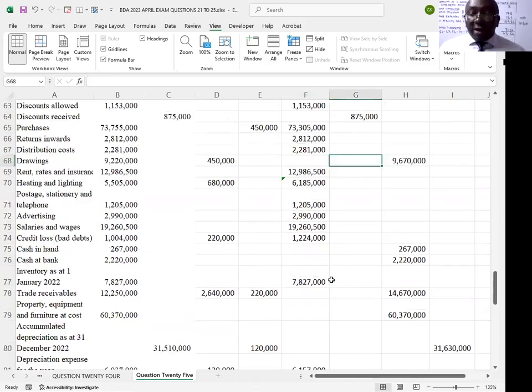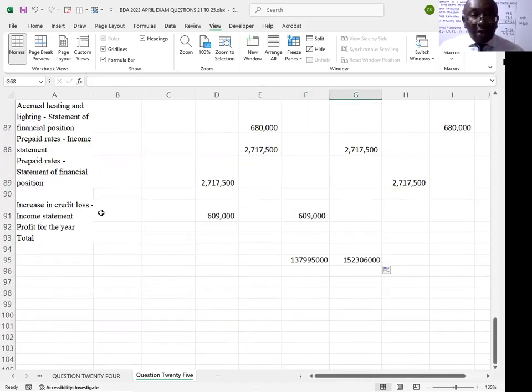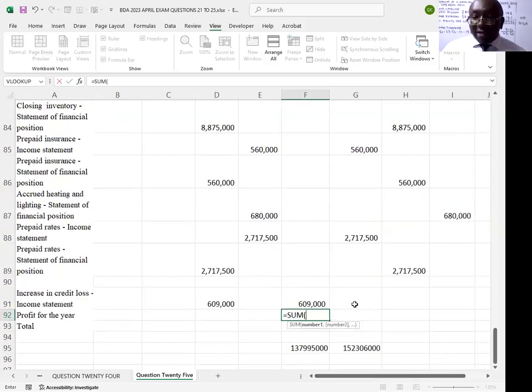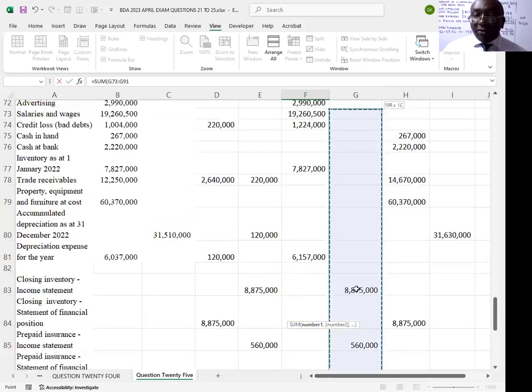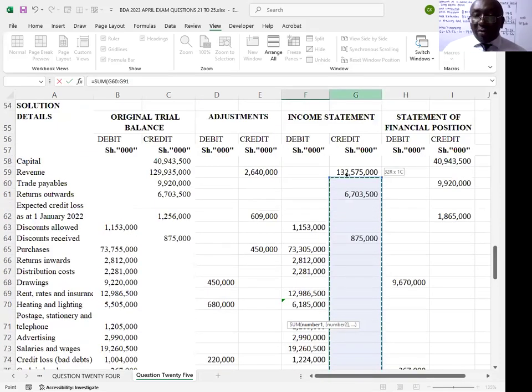So let's now come and compute the profit for the year. And this is how you go about it. So the profit is here. So you say equals sum. You take the sum of the credits, these ones, going upwards up to there. You close the brackets.